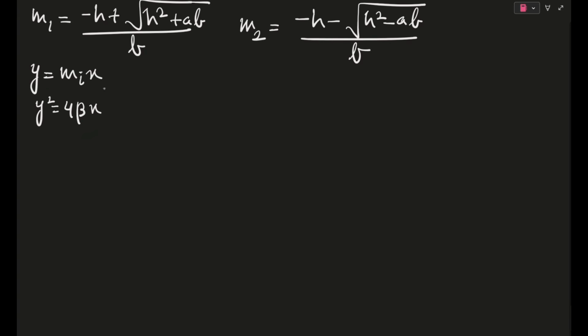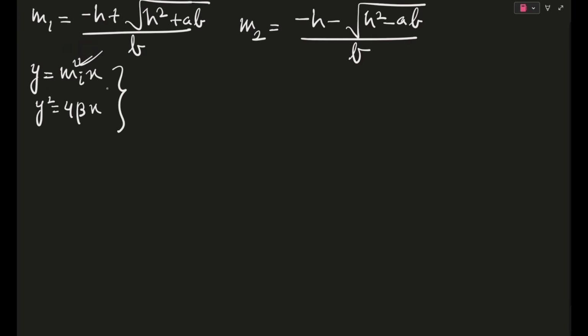The reason I chose mx is because if you see our pair of equations, the combined quadratic in x comma y, the pair of straight lines equation we had, has no constant term. It has x square, y square and an xy term. If it had a constant term, it would have been a problematic situation, but it doesn't have any constant term. That is why I don't have to put a constant here.